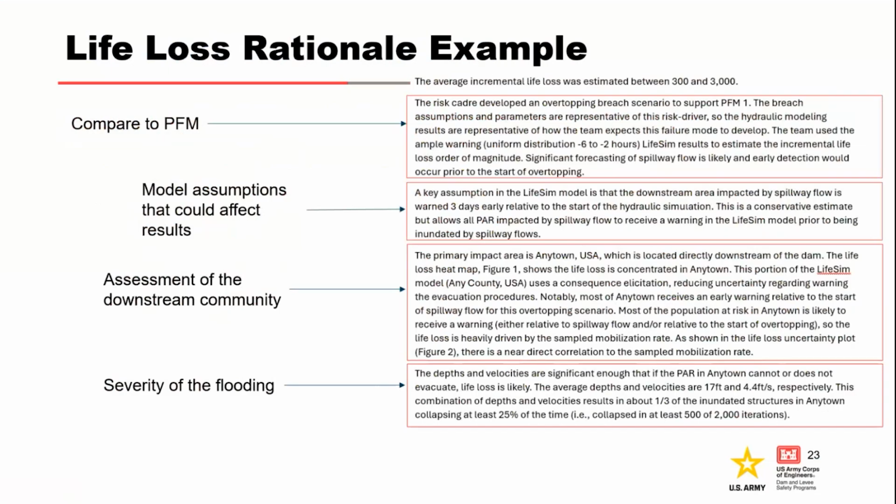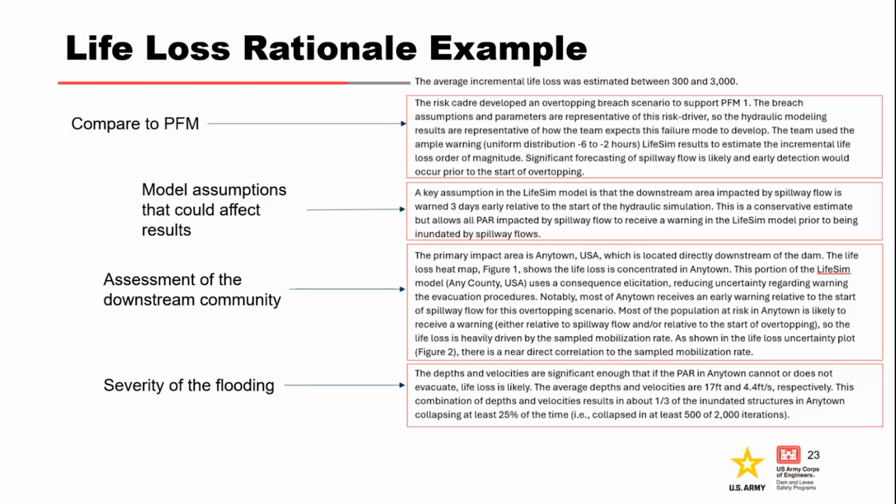So here's just an example of life loss rationale. They compared the modeling scenario they had to the potential failure mode they're evaluating. They talked about any model assumptions in here. They talked about the downstream community and what it looks like. In a lot of cases, you won't have consequences elicitation, like Nick talked about, going out and talking to the local EMAs.